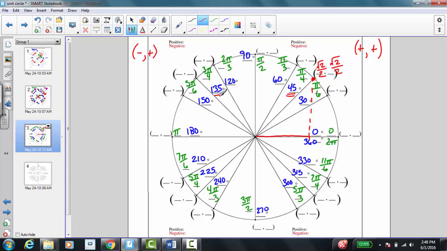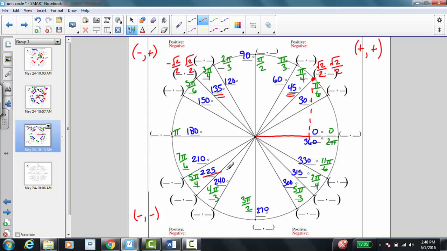So whenever I go to do the coordinates for 135 degrees, I will have negative root 2 over 2 and then a positive root 2 over 2. In the third quadrant, both x and y are negative.